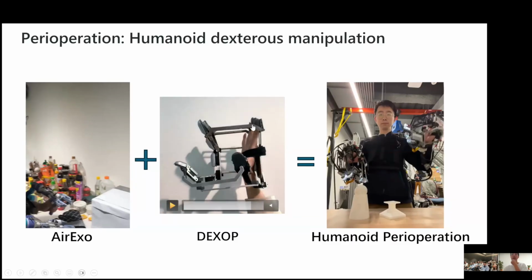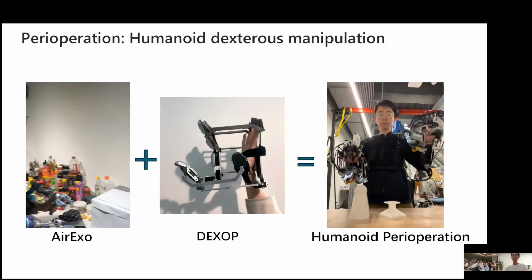If you look at the human exoskeleton part, it just has one finger cot that fixes the human finger. And this fingertip cot is also adjustable. So you can adjust the position of this fingertip cot to adapt to different finger lengths.